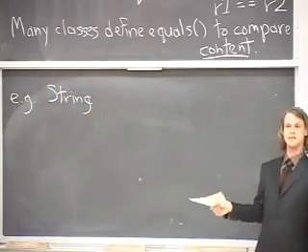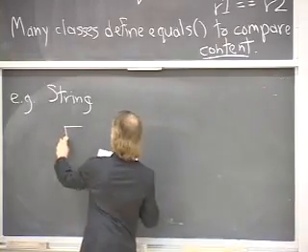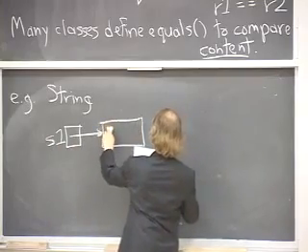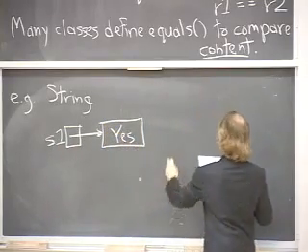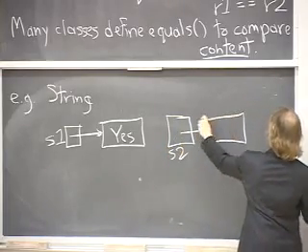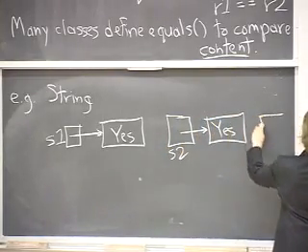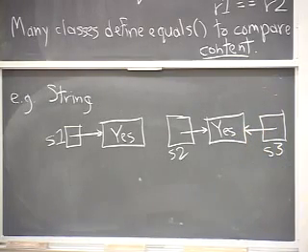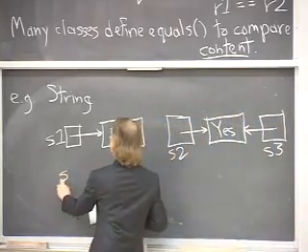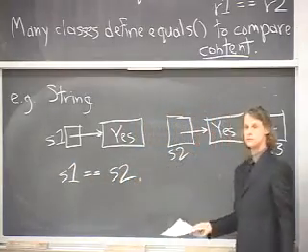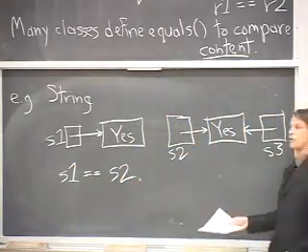The String class, let's suppose we have objects that look like this. There's a variable called s1 that references this string, and there's a variable called s2 that references this string, and another one called s3. So in this case, if we ask whether s1 == s2, that's false because s1 and s2 point to different objects.